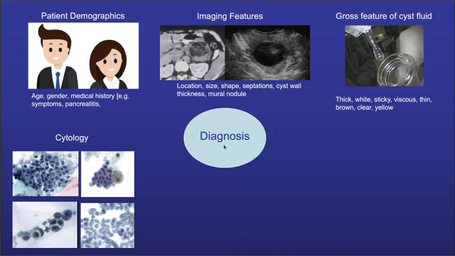Is what we are seeing under the microscope diagnostic, or suggestive of a diagnosis? Are we seeing mucinous epithelium that we can be sure is not contamination? Are we seeing serous cells with non-mucinous cytoplasm associated with our surrogates, hemosiderin-laden macrophages that would be diagnostic of a serous cystadenoma?